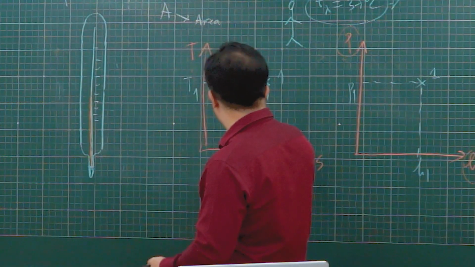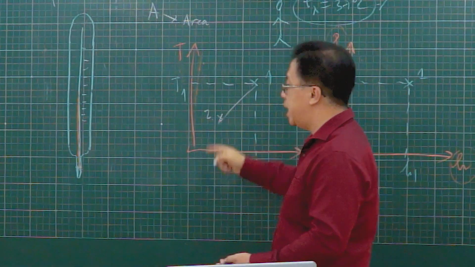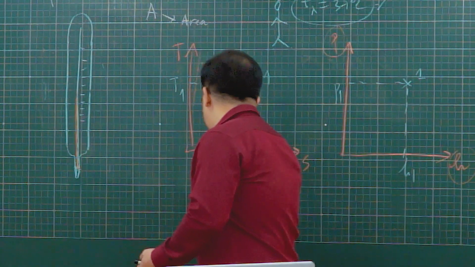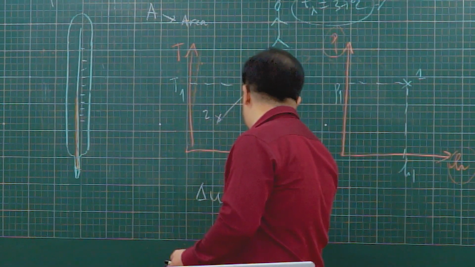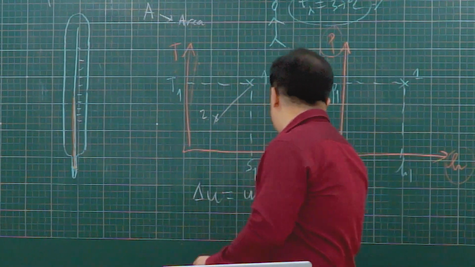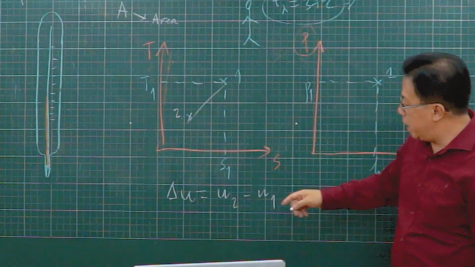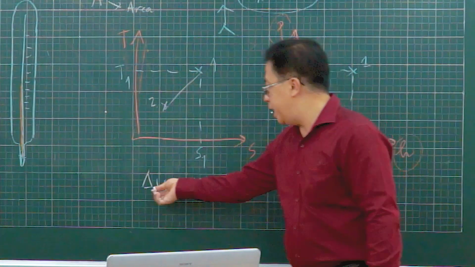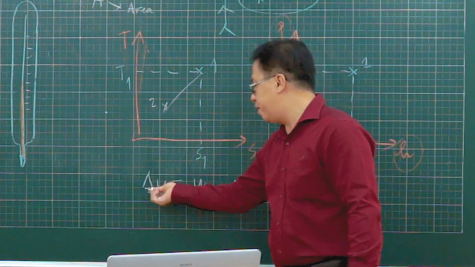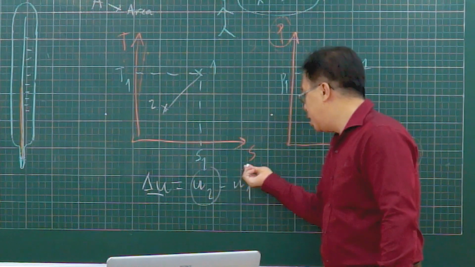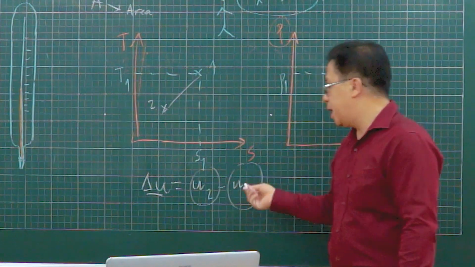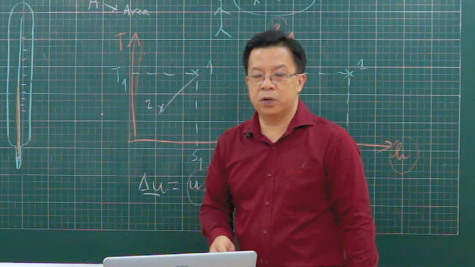So the difference between state 1 and state 2, delta U, will be U2 minus U1. So in thermodynamics, we only need to know the difference, the delta U. We don't need to know U1 and U2 themselves. Okay?